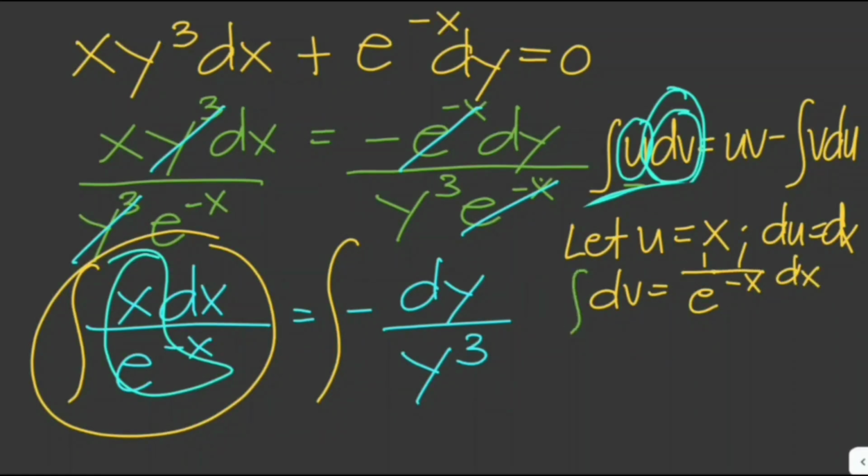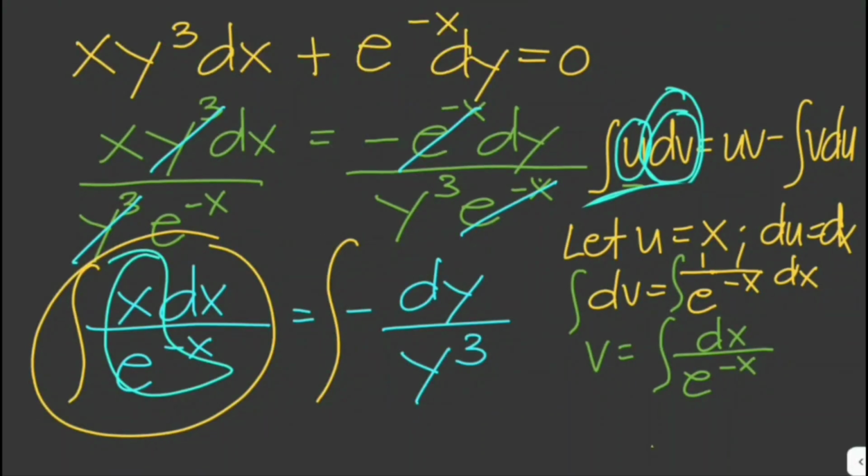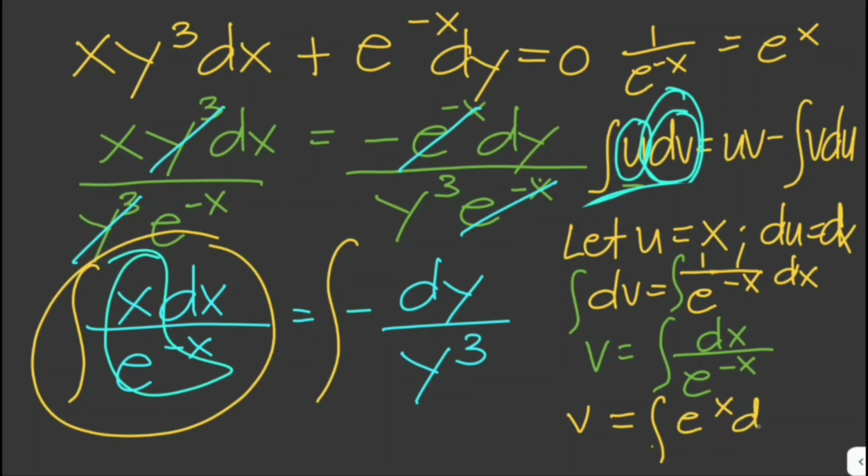Then we integrate both sides, then we get v equals the integral of dx over e to the negative x. Then we can write 1 over e to the negative x as e to the x. So this would become v equals the integral of e to the x dx.